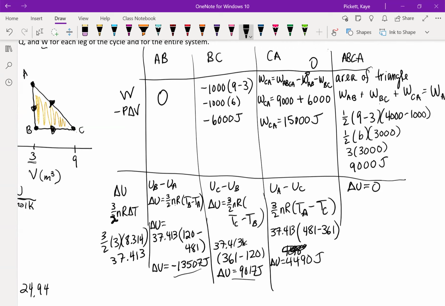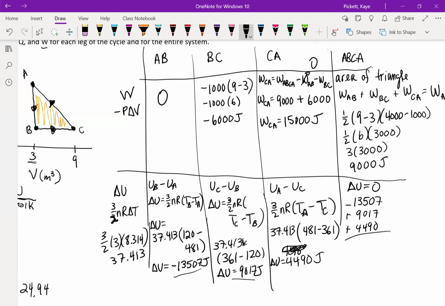If I added all those up, negative 13,507 plus 9,017 plus 4,490. So negative 13,507 plus 9,017 plus 4,490.